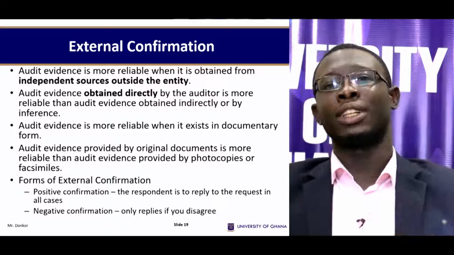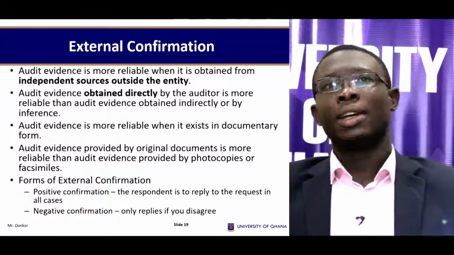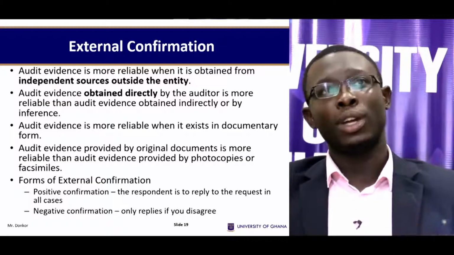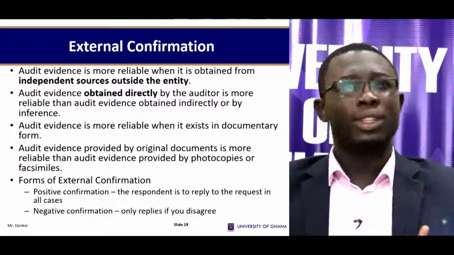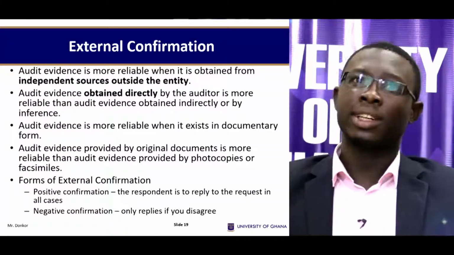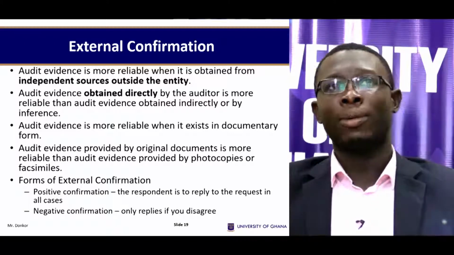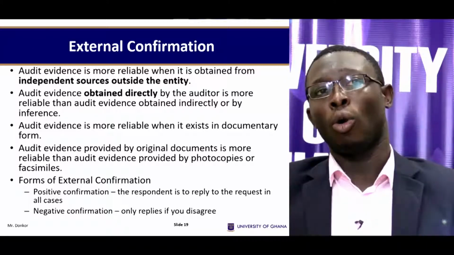I'm very much interested in external confirmation, so let's try and throw some more light on it. Audit evidence is more reliable when it is obtained from independent sources outside the entity. Audit evidence obtained directly by the auditor is more reliable than audit evidence obtained indirectly or by inference. Therefore, audit evidence is more reliable when it exists in documentary form.